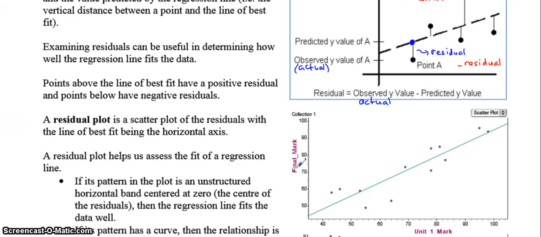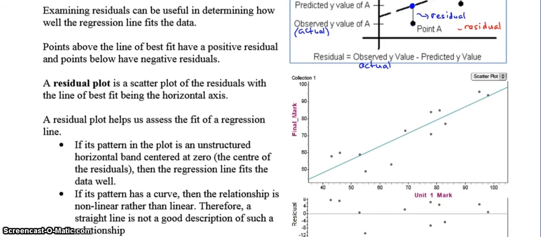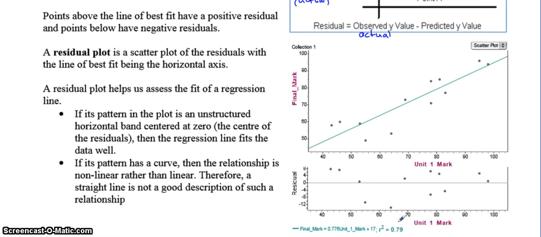So if this is your line of best fit, comparing your unit 1 mark to your final mark, the residual plot has the same x-axis, the unit 1 mark, and the y-axis is the residual. So basically, this point here, if we calculated the residual, that is where that point is.